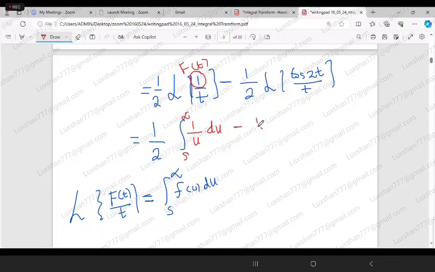Minus half times the integration from 0 to infinity of F(u), that is s over s squared plus 4.